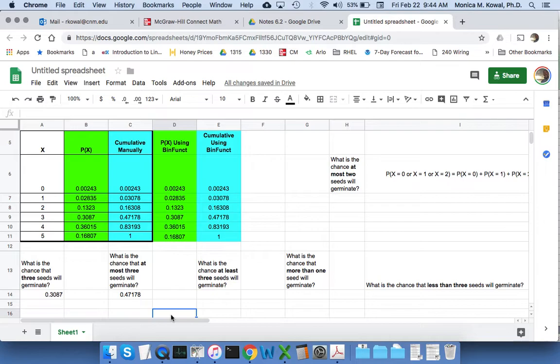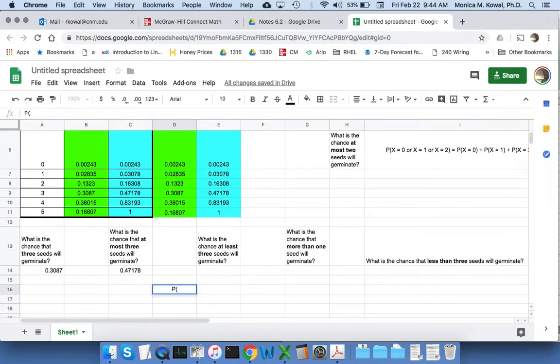So what I'm trying to say here is that the probability that x is less than or equal to 2, plus the negation of that, which is the probability that x will be more than or equal to 3, is going to equal 1.